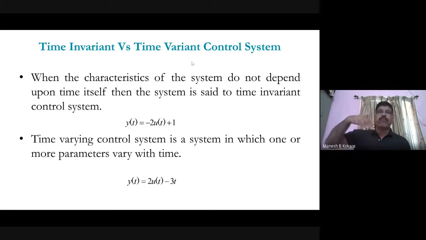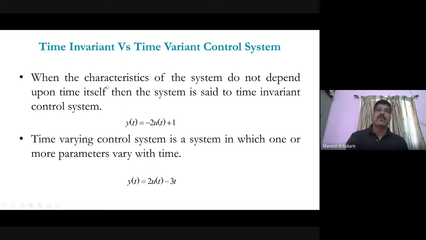When it goes away from the Earth, its mass will change as time passes, and so on. Such a system is called a time variant control system. Designing a time variant control system is difficult as compared to a time invariant control system.